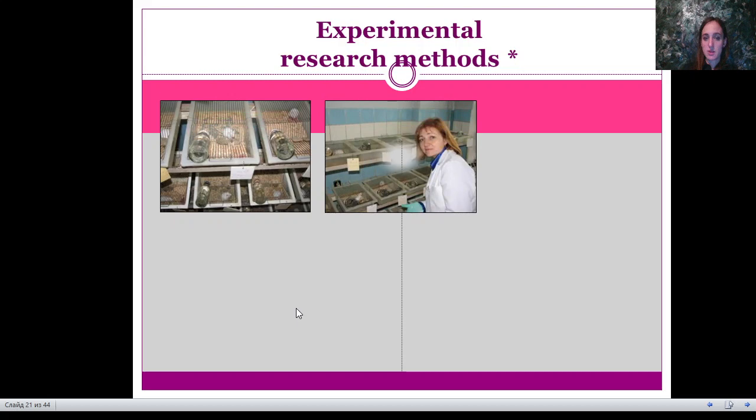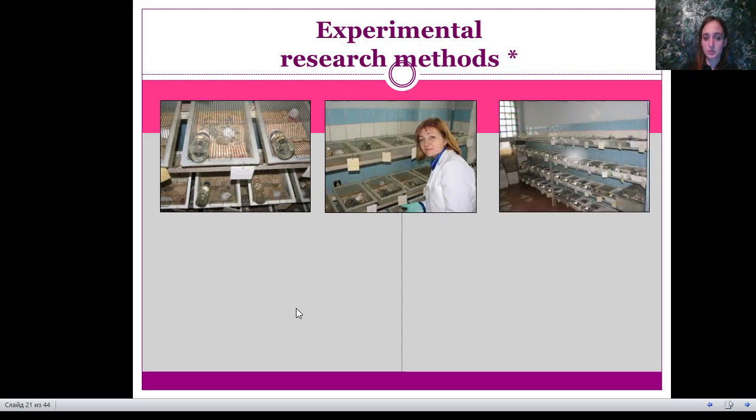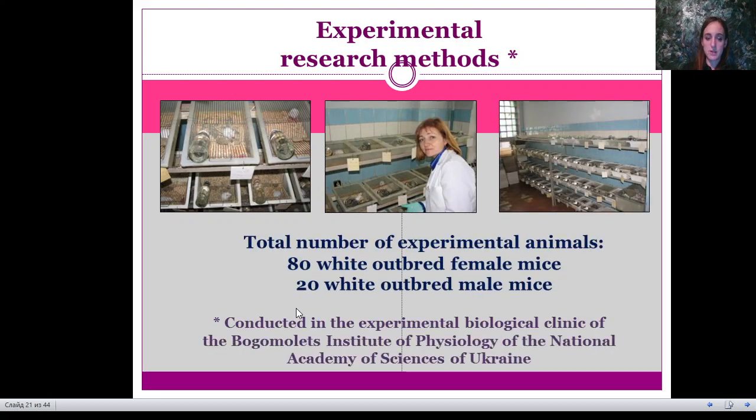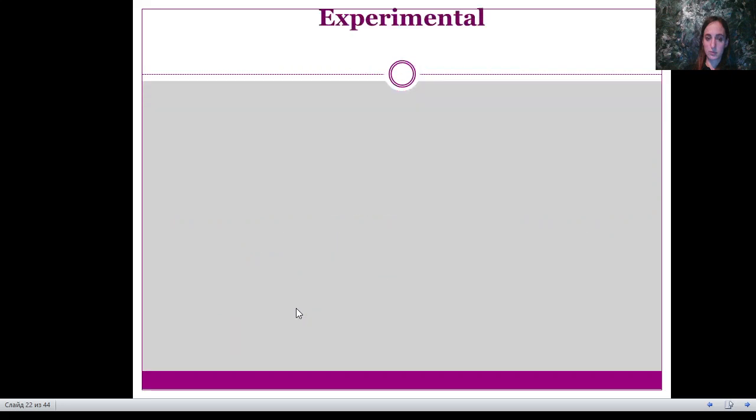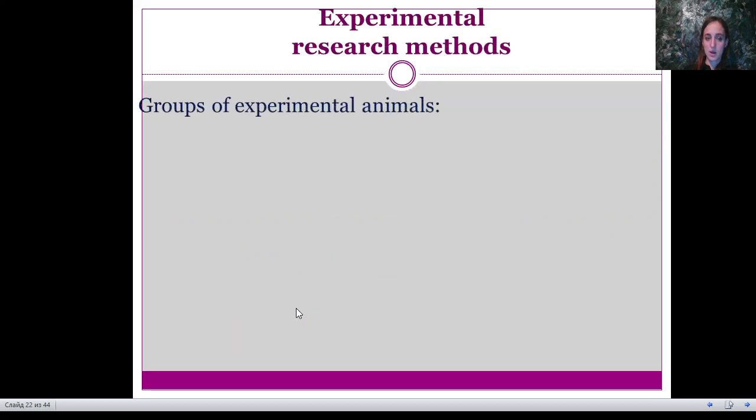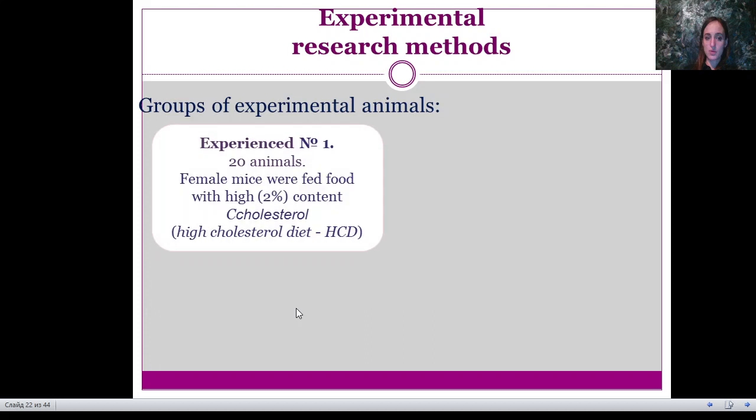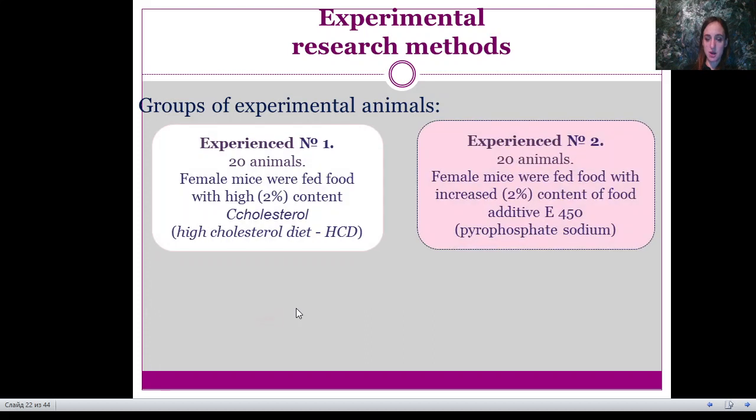And experimental research methods. So it is our professor, and total number of animals, it's 18 female mice and 20 male mice. And groups of experimental animals.